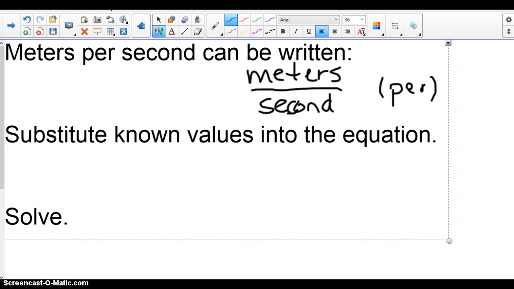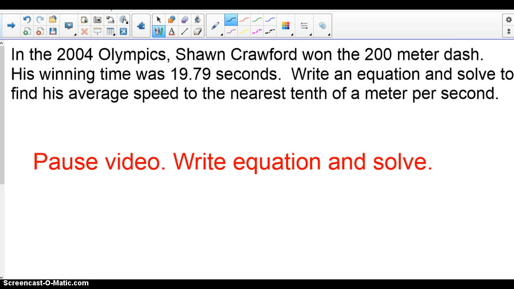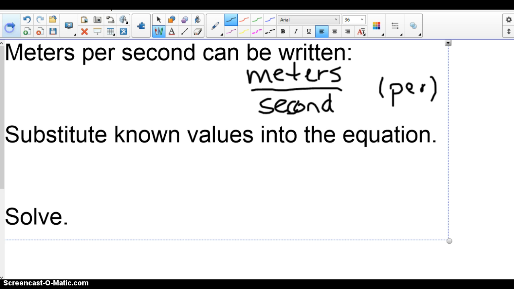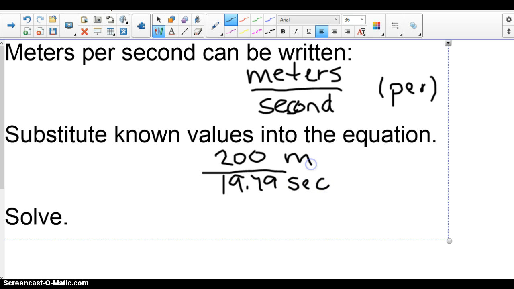Substituting the known values into the equation, if we go back to our original problem, we have 200 meter dash and 19 and 79 hundredths seconds. So we've got a 200 meter dash divided by 19 and 79 hundredths seconds. This is your meters, this is your seconds. That would be just one way that you could go about solving that.